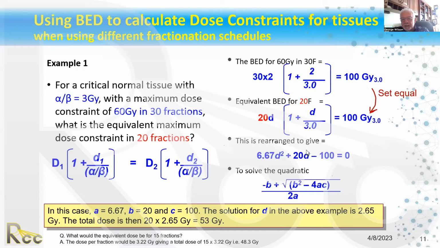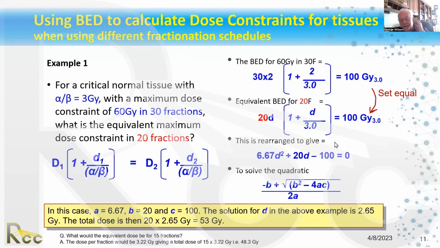And then this formula can be arranged to a quadratic equation. And so this is the standard quadratic equation. And we would then substitute these values into the quadratic equation. So in this case, A in the quadratic would be 6.67. B in the quadratic would be 20, the number of fractions. And then C in the quadratic would be 100.